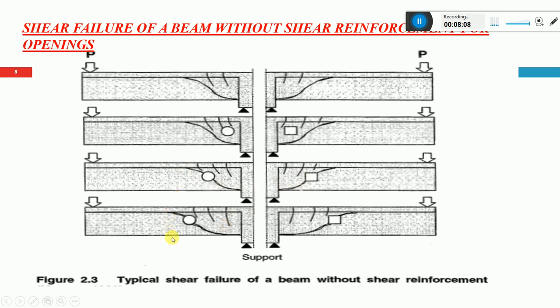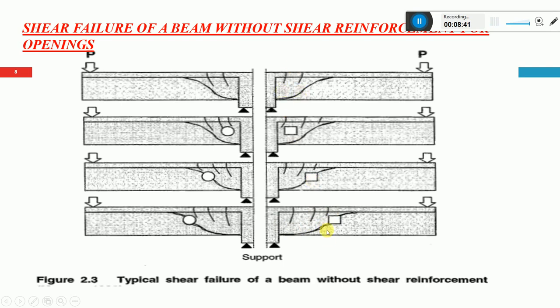In the fourth case, if you place the circular openings some distance away from the beam and away from the left side, the shear will not happen like this. It will happen like this. The cracks will be like this and like this. They will join wherever the opening is, and up to that area we need to provide shear reinforcement. This is the basic concept we have to follow.